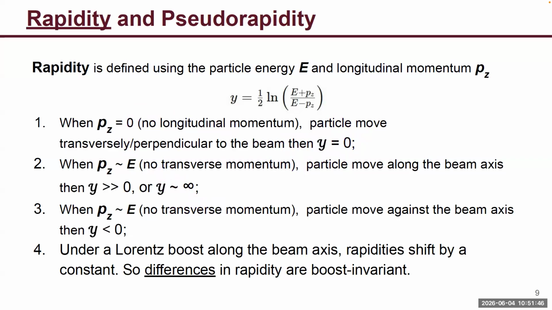And if it is on the opposite side, the rapidity is negative. The good thing about this, which physicists like, is that under a Lorentz boost along the beam axis the rapidity shifts by a constant, so the difference in rapidity between two values is Lorentz boost invariant. It does not depend on which reference frame you are in.